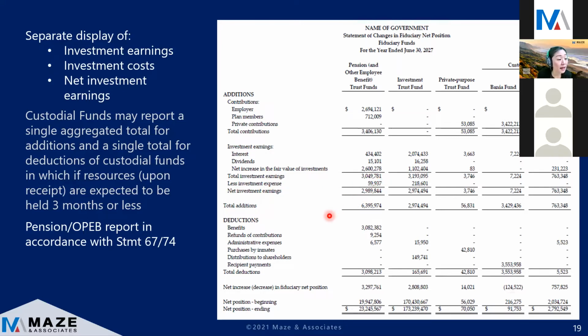Okay. And then if you have pension or OPEB, for the reporting requirement, you need to follow GASB 87 or 74. But for custodial funds, again, if you are expecting to hold those assets for less than 3 months, then you can have one aggregate total of the additions and one aggregate total of the deductions.